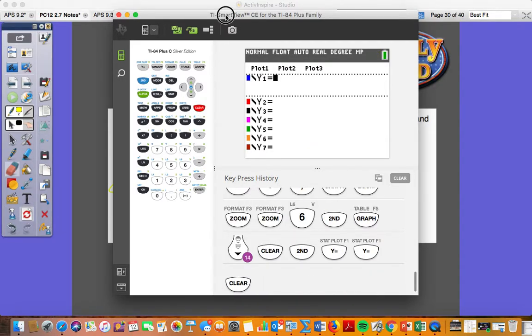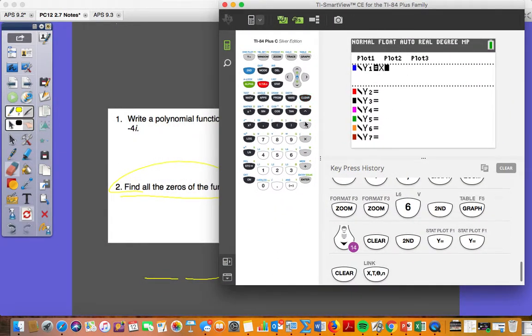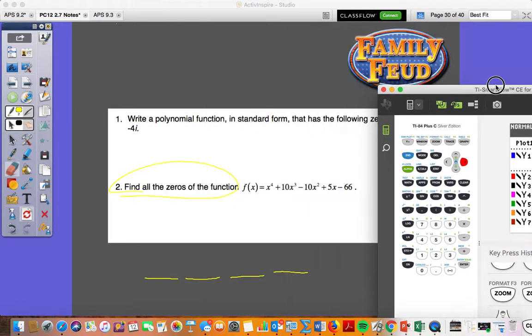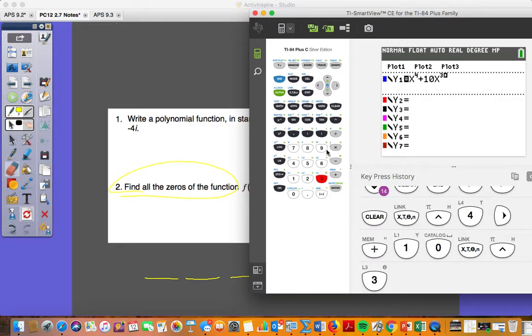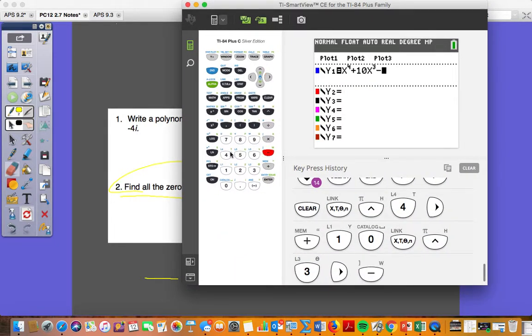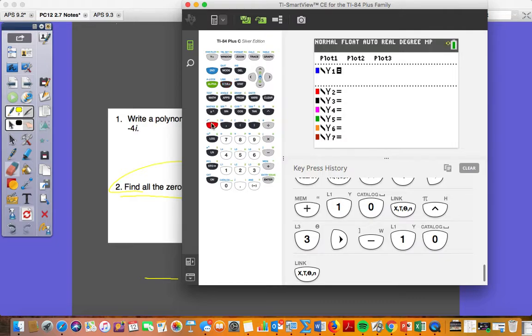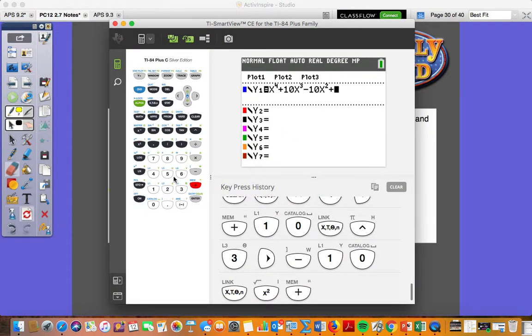So Ty, I'm literally going to plug this in, okay? So x to the 4th, squared plus 5x.